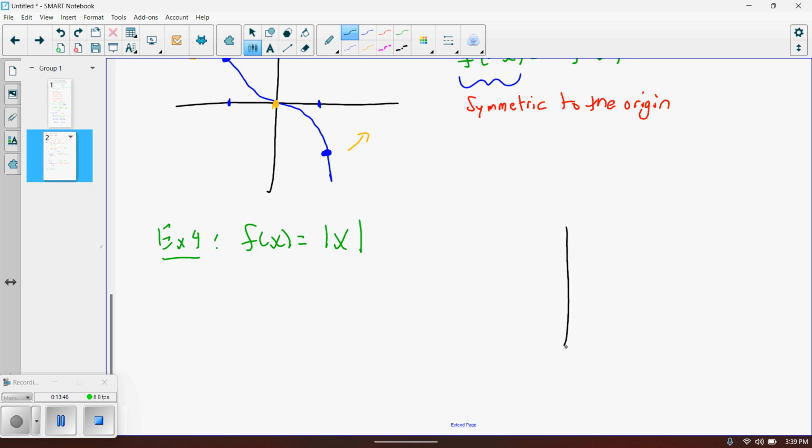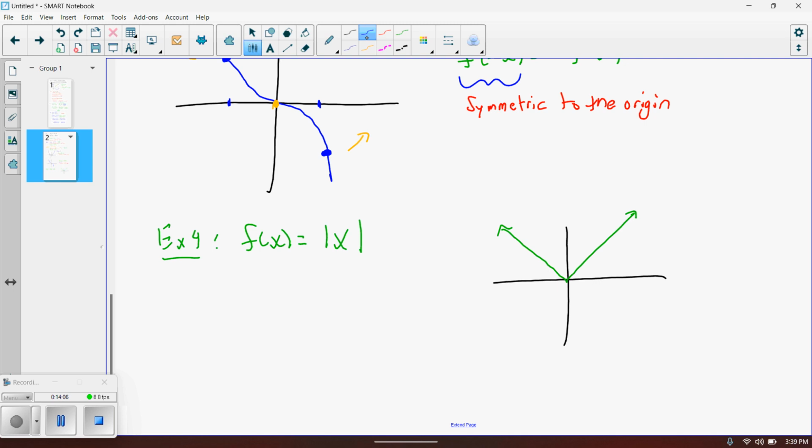So graphically, most people think of the absolute value function as the V because it looks like a V. And visually, as long as you know that that is the function, you should know that that is an even function because it is definitely symmetric to the y-axis.